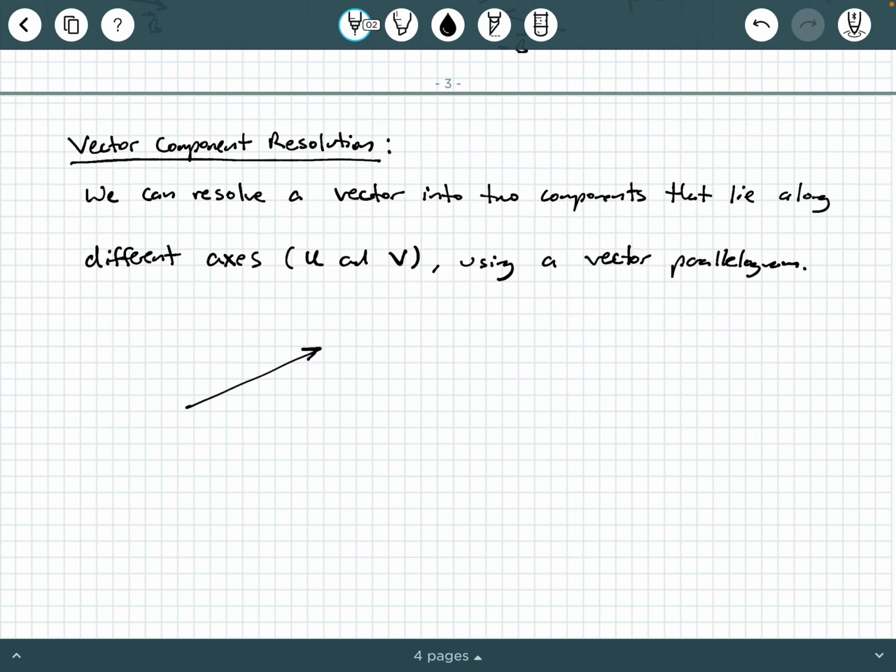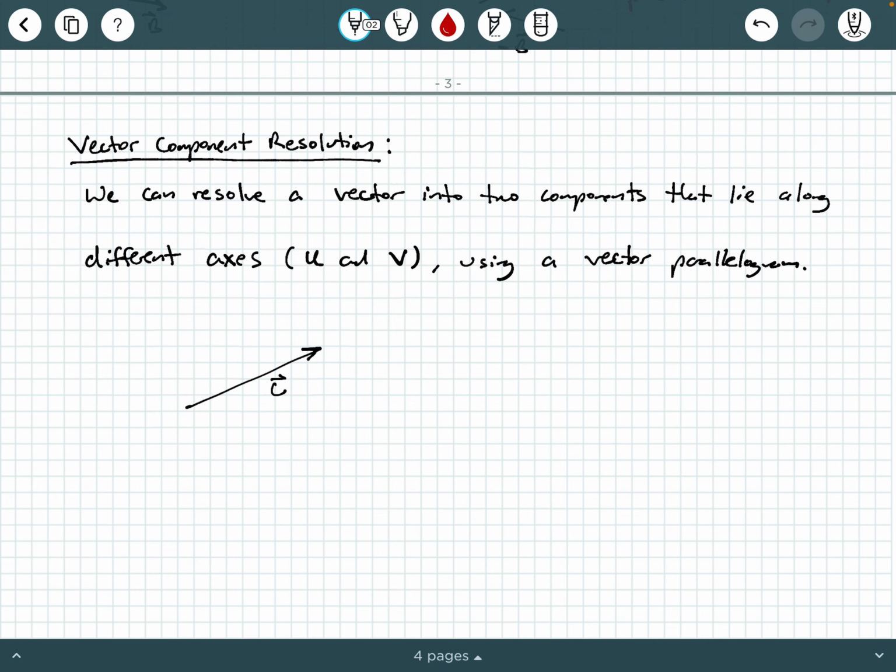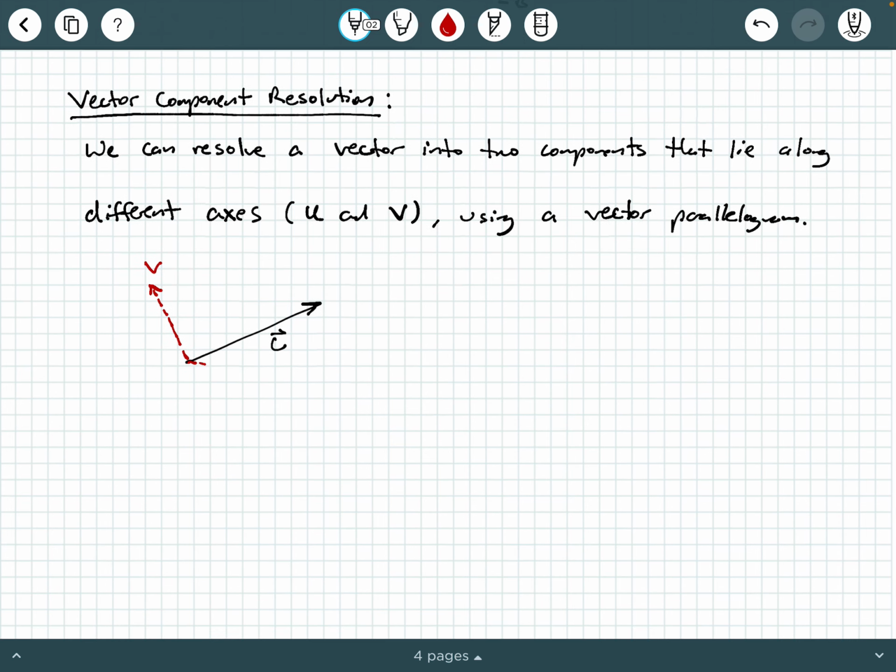Okay, so let's say that I have some vector C. Okay, let's call this vector C, and let's say that I've got an axis right here. I'm going to call this the V axis, and let's say that I've got an axis right here. I'm going to call this the U axis. Okay, let me make this V axis a little longer.